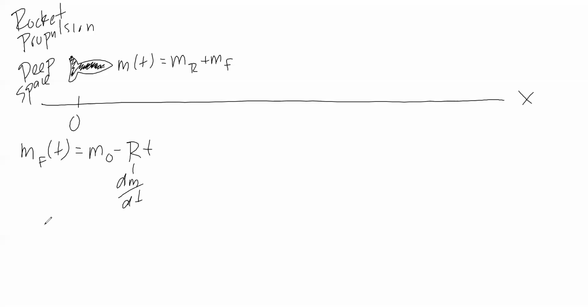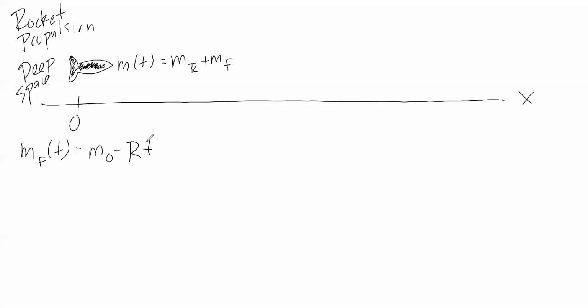And this fuel in liquid form is being converted into a gas and then thrown out of the chamber. The gas then propels the rocket forward as it's being thrown out. So R has units of kilograms per second. The R is set by the engine.